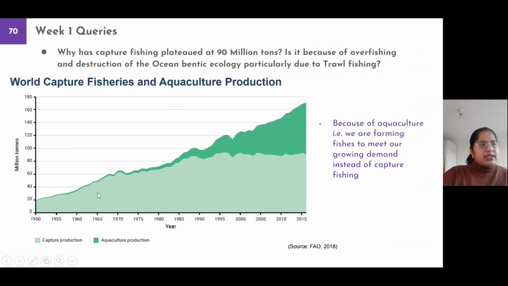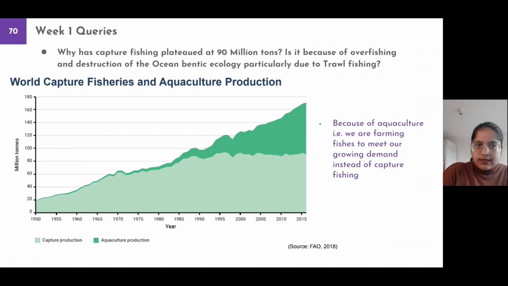Capture fishing is when you go and capture fishes, and aquaculture is when you farm fishes to meet up your fish demand. Over the years, capture fishing has plateaued at 90 million. This is because aquaculture is meeting the demand. That is, we are farming more fishes instead of capturing them to meet the demand from the food industry.